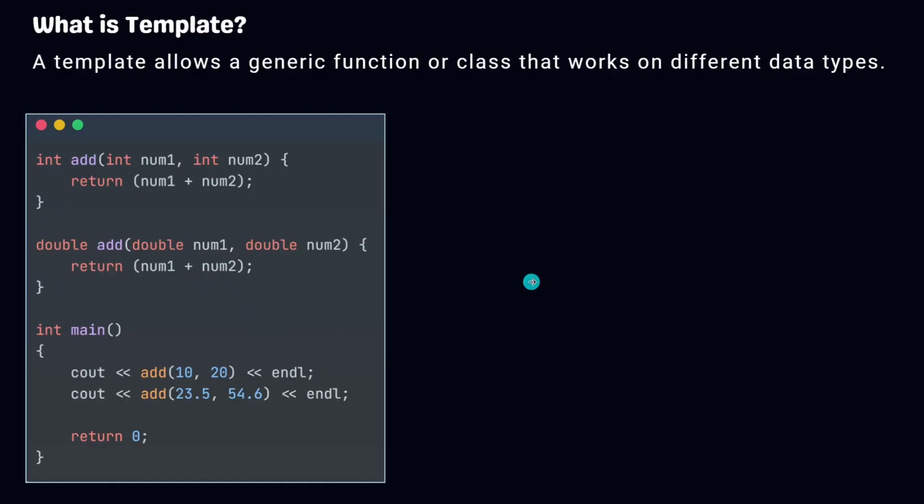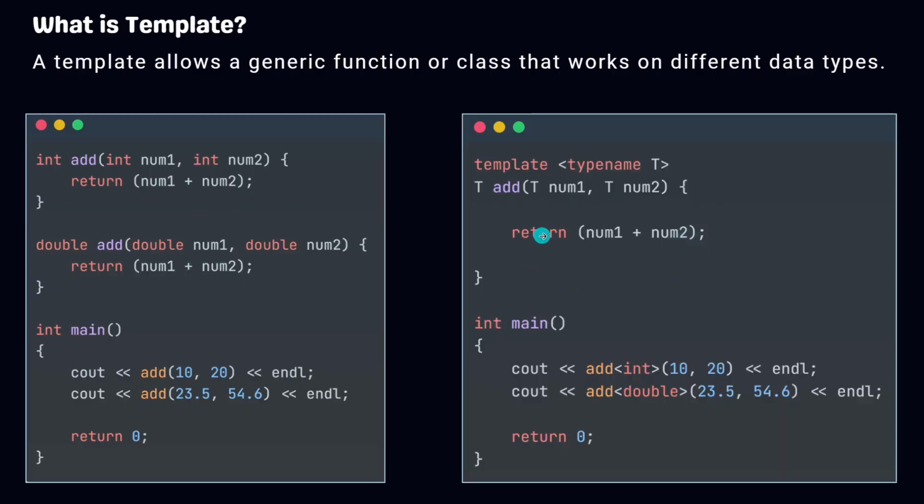Okay, so how can we create such a template add method? This is an example of the templated add method. In this method, we first declare the template with typename T. This is the actual replacement of the data type. In add, we are passing two template parameters, num1 and num2, and performing the same addition operation.